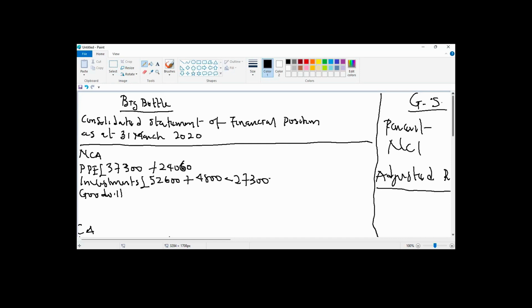Investments means investment in subsidiary plus other investments I have. But if I say investment in research, that is my total investment in a subsidiary. But this one is telling you investments. That means investment in subsidiary with any other investment he has.